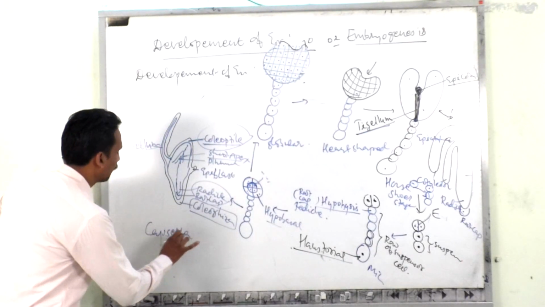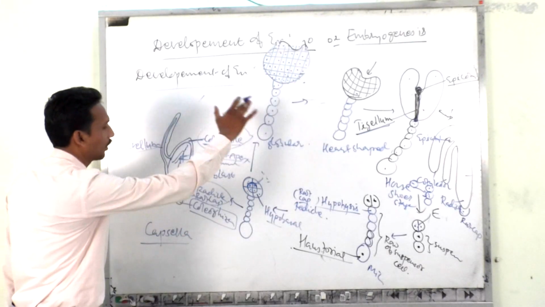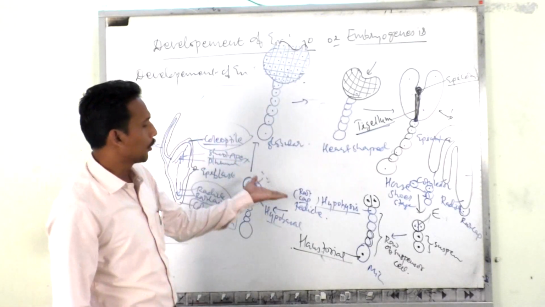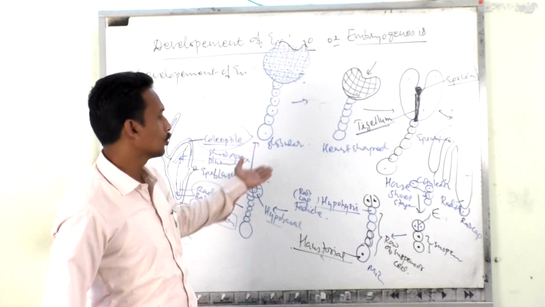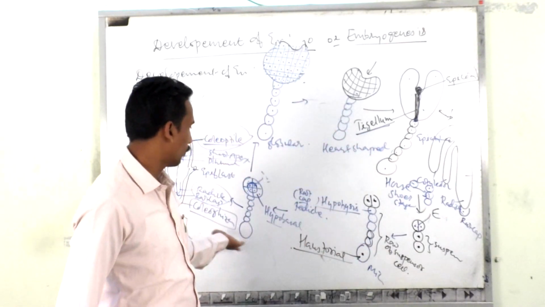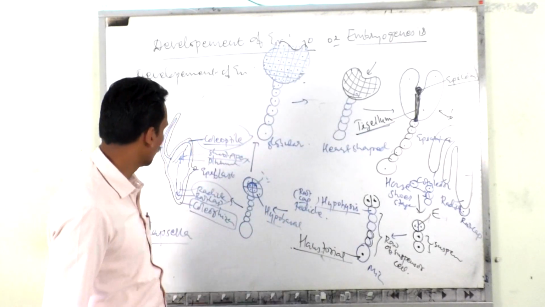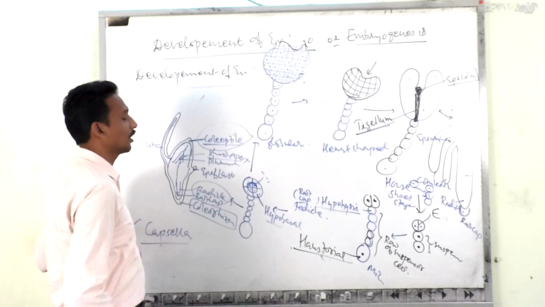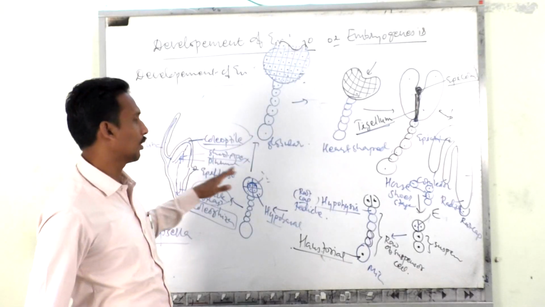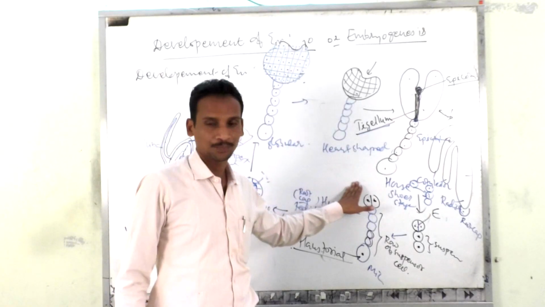In this plant, the detailed developmental study of embryo development was first carried out. So I have drawn all those stages here, showing the embryonal development in the Capsella plant. That is one of the best examples to study this.